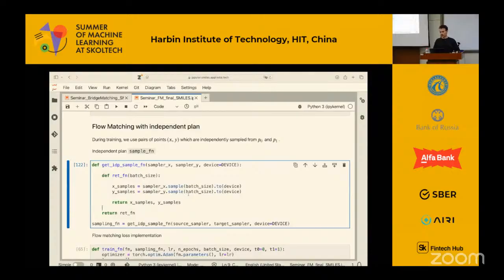Usually the simplest plan considered is the independent plan, when you sample from distributions P0 and P1 independently. This is some basic solution, and there are better solutions. But we will start from this independent transport plan.